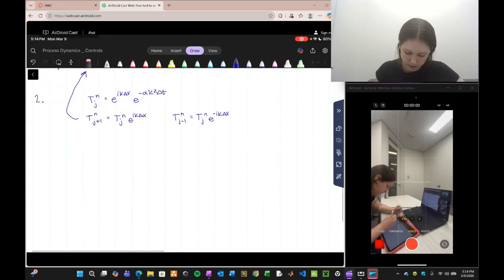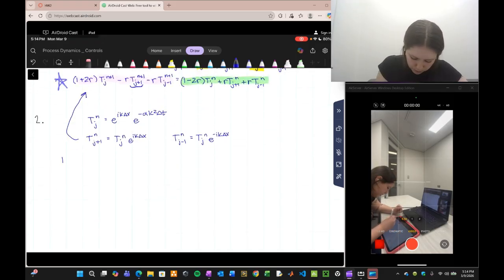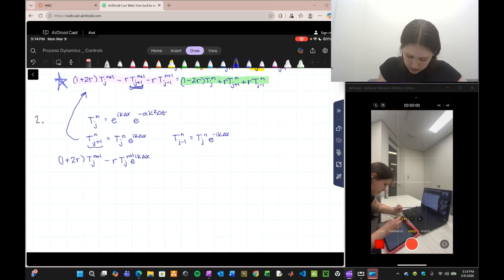All right, so we will get 1 plus 2r times T j of n plus 1, and then we will get minus r times, and then this equation right here, we'll use this, T j n e to the I k delta x, and this will be n plus 1 because this is an n plus 1 term.